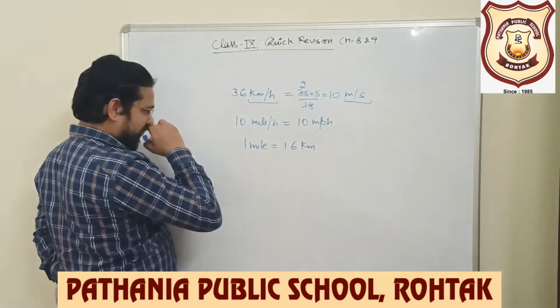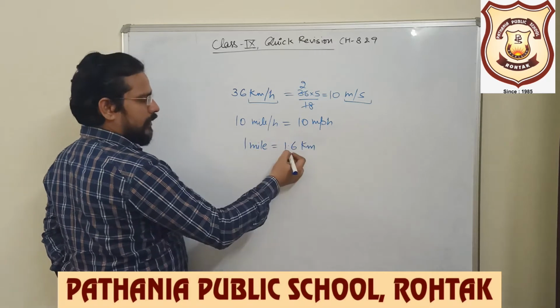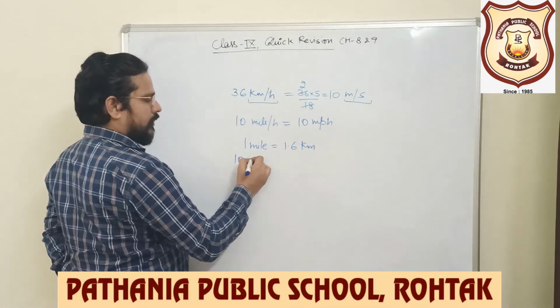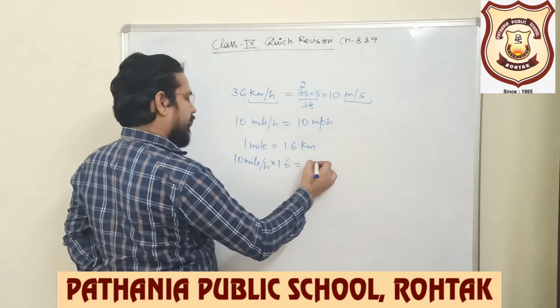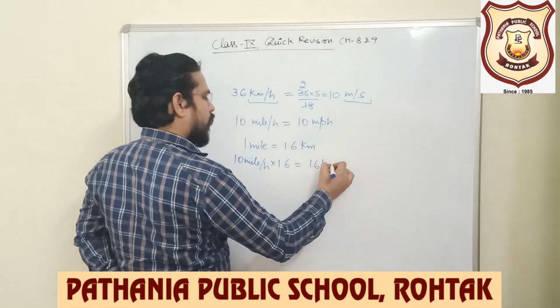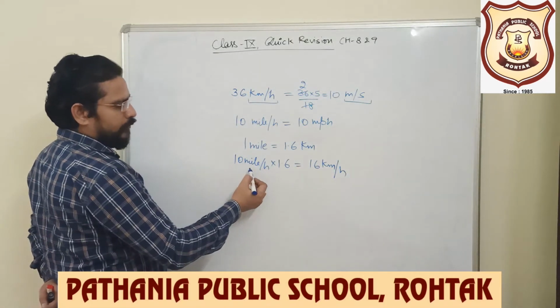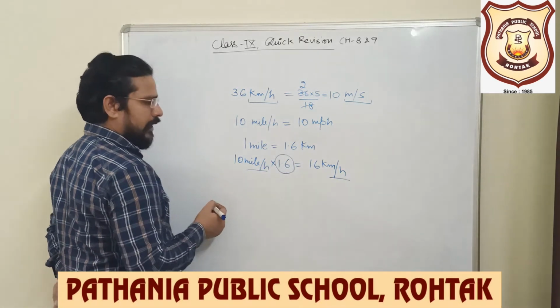So first you can convert from mile per hour to kilometer per hour by multiplying by 1.6. So 10 mile per hour, when you multiply by 1.6, you will get 16 kilometer per hour.